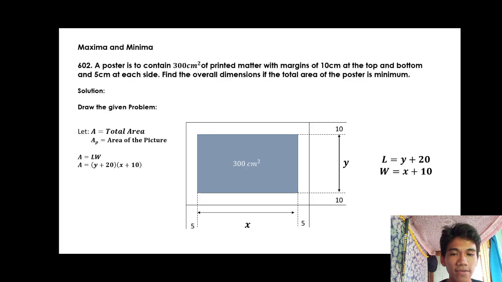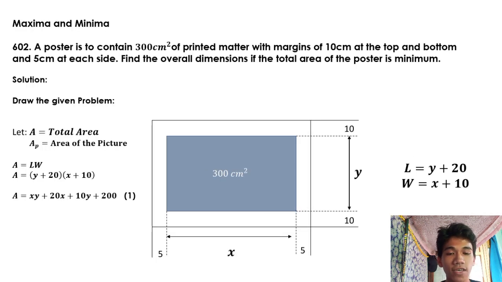The length is y plus 20, and the width is x plus 10. We multiply both terms, so we have the area: xy plus 20x plus 10y plus 200.